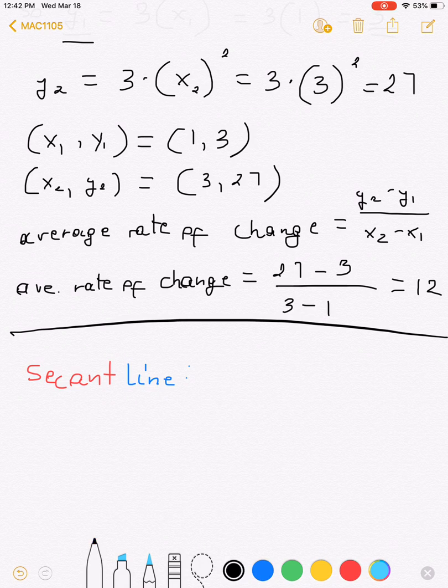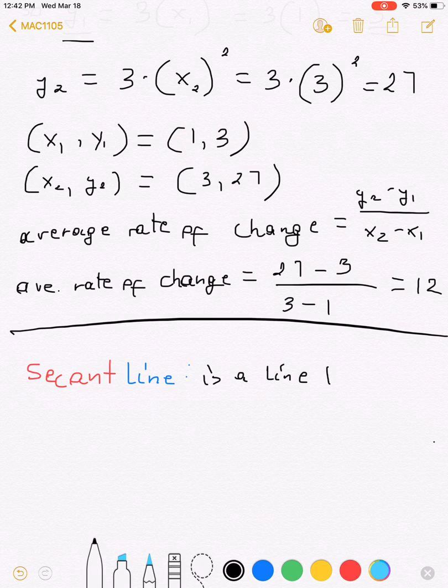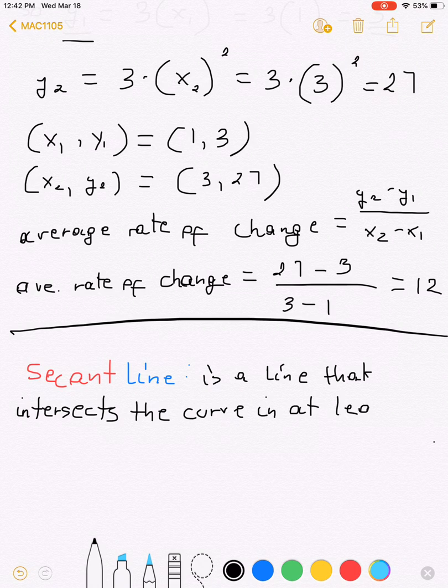So a secant line is a line that intersects the curve, or any type of graph, in at least two points.